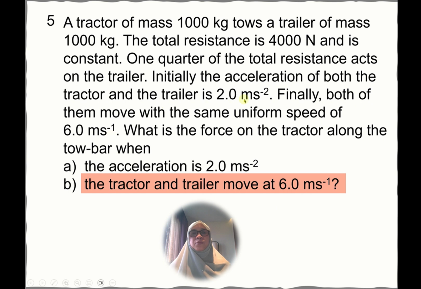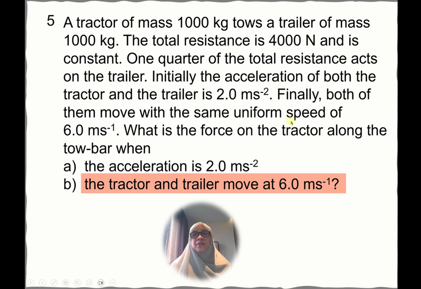So initially it moved at 2 meter per second, this is acceleration, and then finally both of them reach the same uniform speed, 6 meter per second. So it is understood that the acceleration is 0 because of uniform speed. This is the hidden information we get from here.